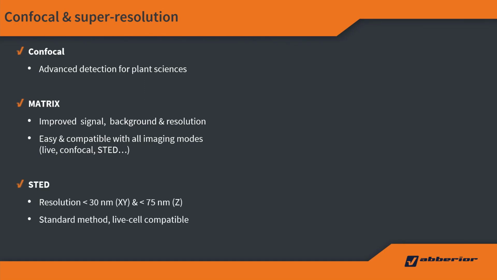When we're coming to STED microscopy, this is the highest resolution microscopy on this machine, and we can get below 30 nanometer resolution. And in the Z-axis, so vertically, we can go below 75 nanometer resolution. It's a standard method, it's our bread and butter method, and it is also live cell compatible, and we have a few tricks to make it even more live cell compatible.